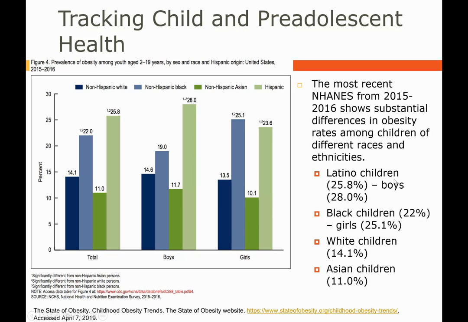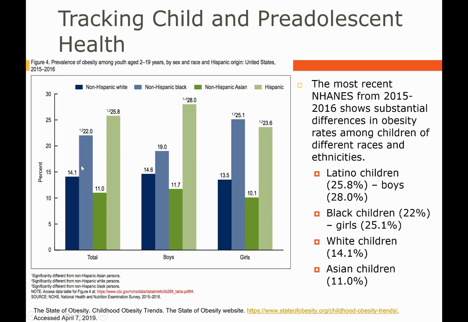For Latino children, boys have the highest rate of obesity at 28%. For black children, for girls, this is black children at 25.1% compared to the 22% total.